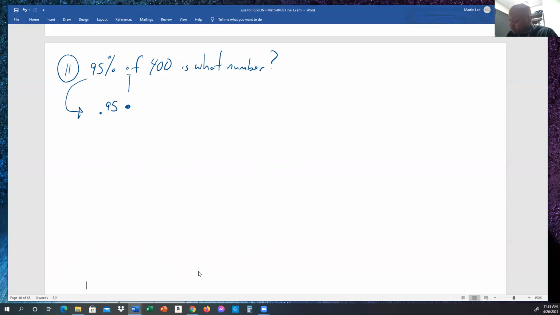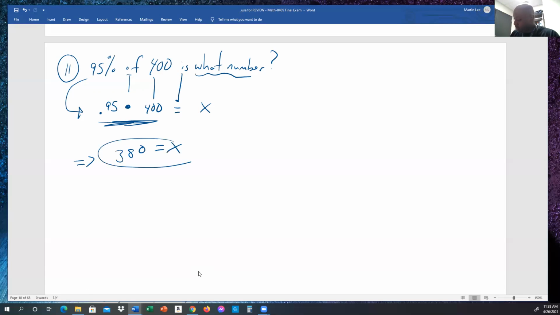Of means to multiply, and bring down 400. Is means equal. And what number? Let's just call it X. So now we just multiply 0.95 times 400. And this gives us 380. So 95% of 400 is 380.